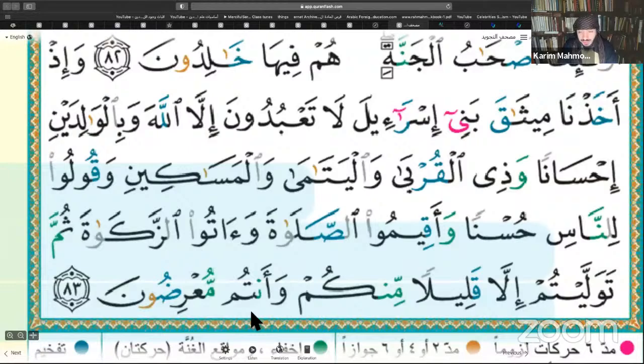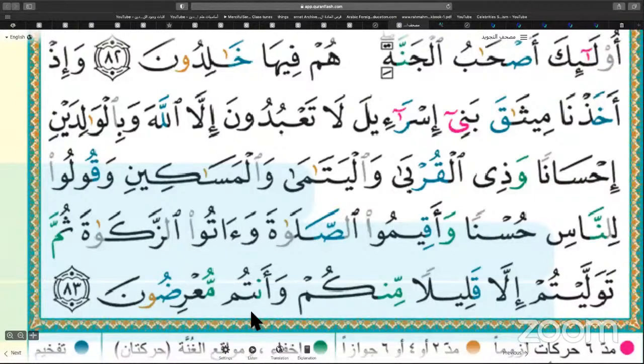That's what this means, not that they're going to go to hellfire and never come out, because that's only for the disbelievers, not for people who do sins. If they're Muslims and do sins, they go to hellfire to pay for their sins, but they don't remain forever. So this hadith is for both.